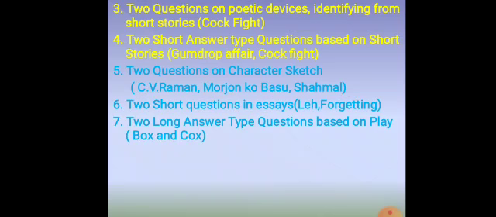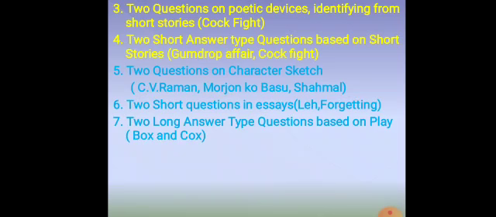Then question number 6. We have 2 to 3 essays in our text, but two are very important: Lie and Forgetting. Two questions will be framed directly on those topics. So prepare Lie and Forgetting and summarize the notes so that you can easily answer two short questions.